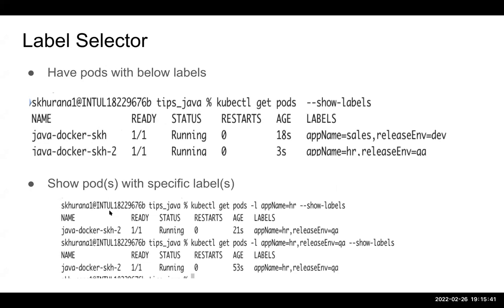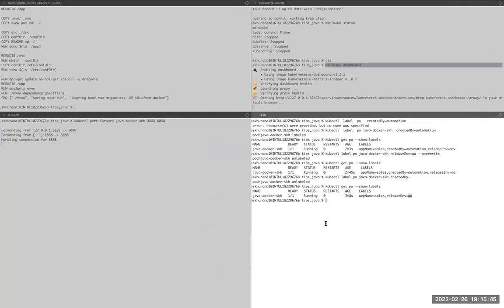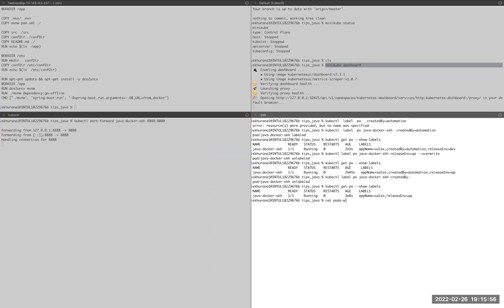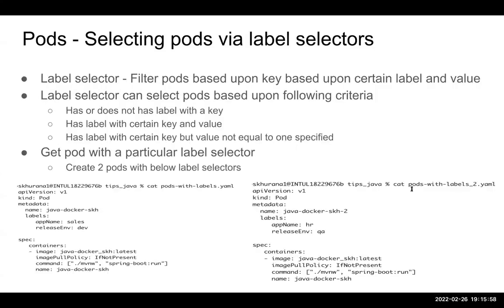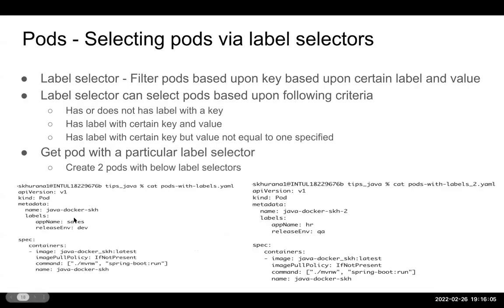So let's create another pod. Cat pod-with-labels_2.yaml. You see here the app name is HR and QA. For the previous one, the labels were app name sales, release environment dev.